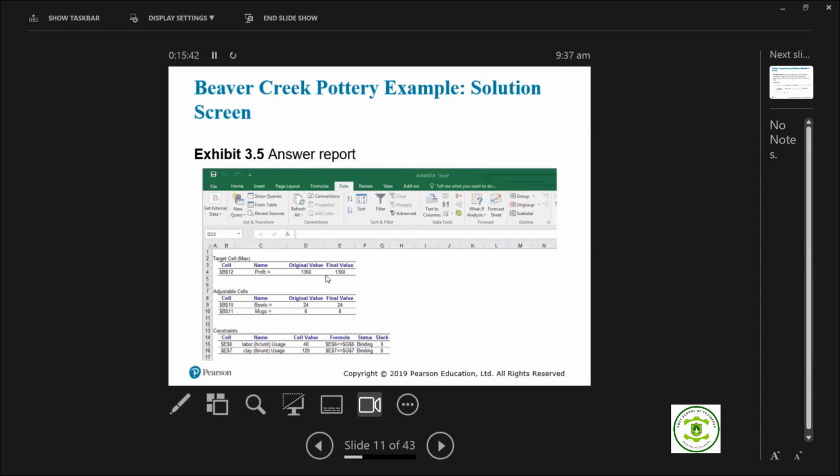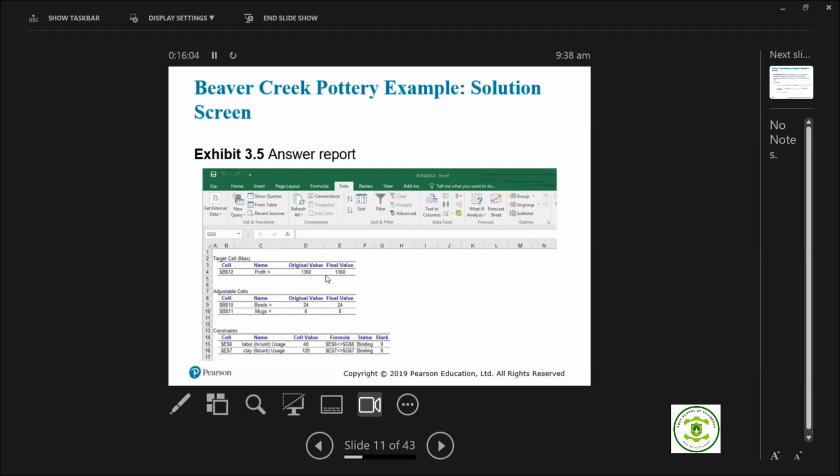Now, I will come to that. If you are on your computer, let's generate this report.